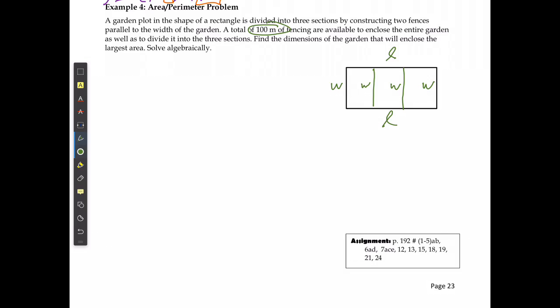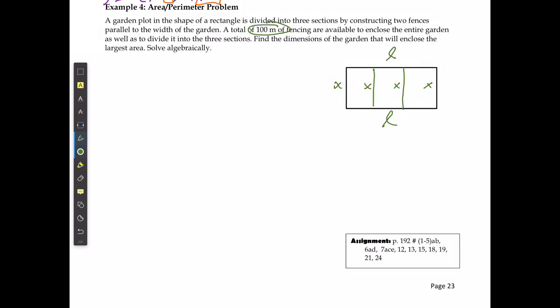So I actually have 6 fence sections. I typically like to use X for one of them. So in this case, I'm going to say that the width is going to be represented by X.